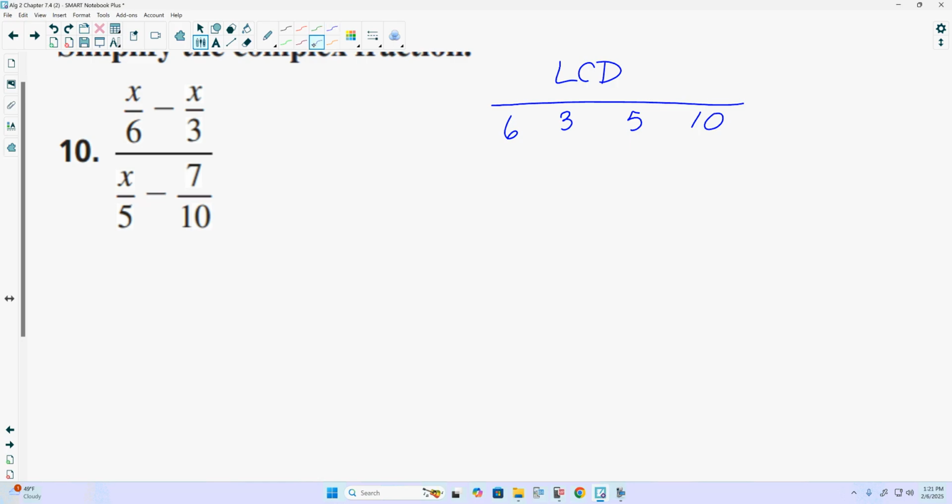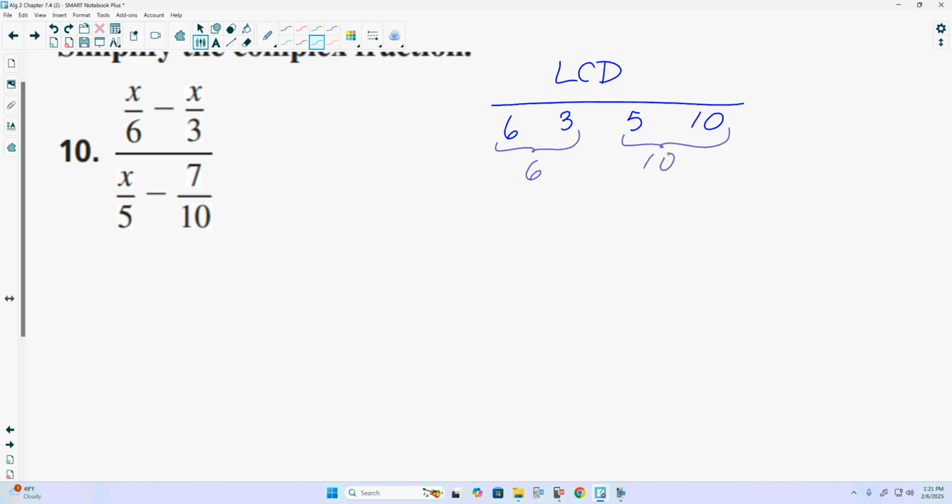One thing I would suggest doing is, since we look at this here, what's the first number I can turn 6 and 3 into? 6, yes. Because 2 times 3 is 6, 6 times 1 is 6. So we can turn both 2 and 3 into 6, yes? Wait a minute. What's the first number I can make 5 and 10 be? 10.